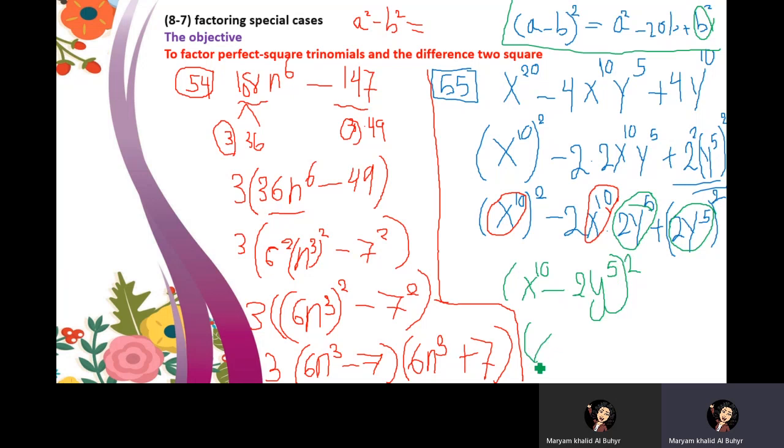If you would like to write it as x to the power 10 minus 2y to the power 5 times itself, instead of repeating these two parentheses, you can write it like this, or it's okay if you want to repeat them, no problem. Remember, they are exactly the same two binomials.